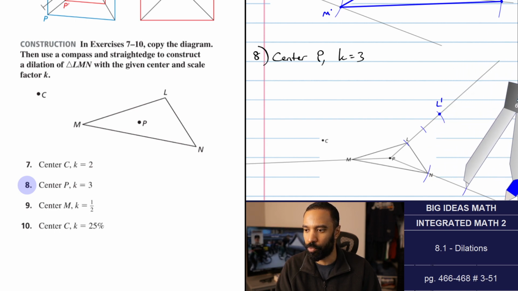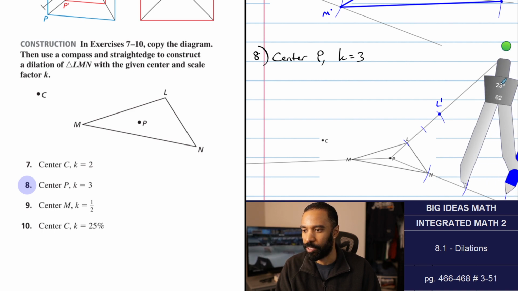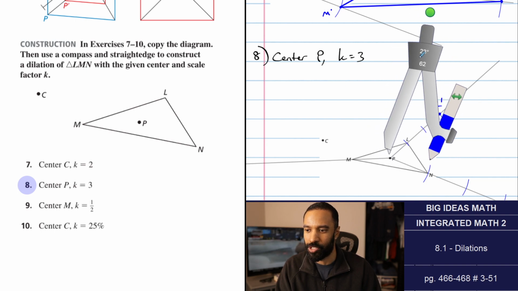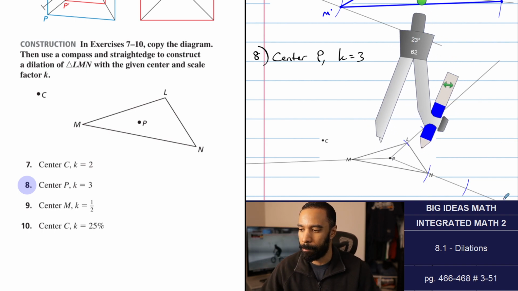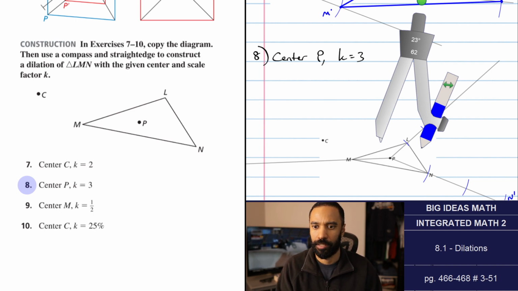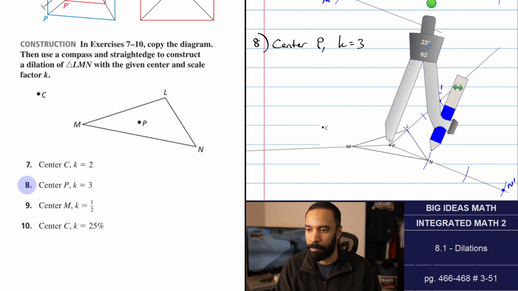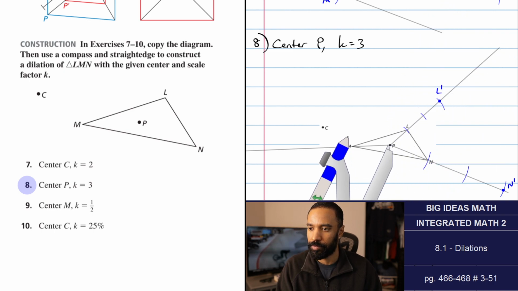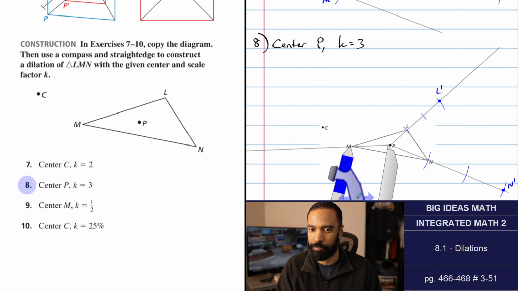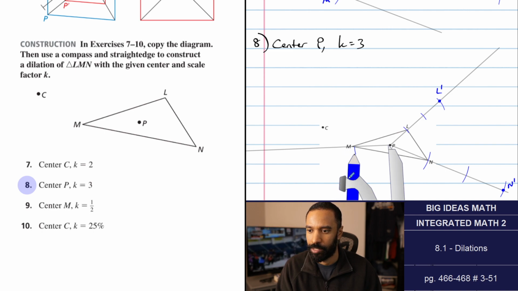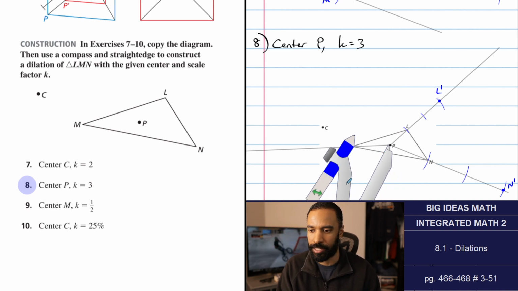So 1, 2, 3 for N prime. Close enough. Especially because it snaps outward, so these will never be perfect. But there's my N prime. Let's see, can you see that? Not really. And M prime, I should say. Let's rotate that around, shrink it to fit. Sorry about that. 1, expand it to fit.